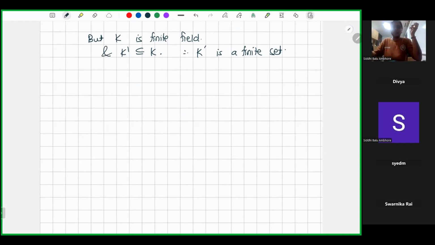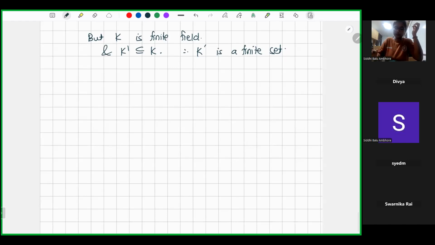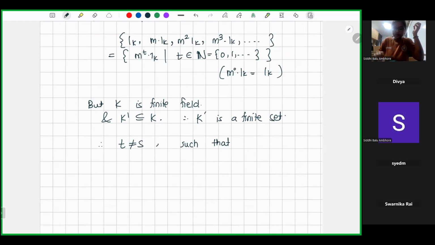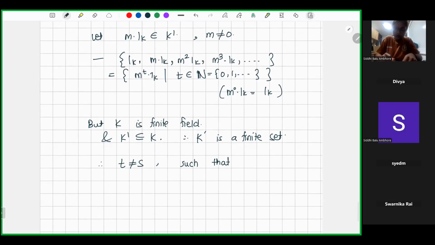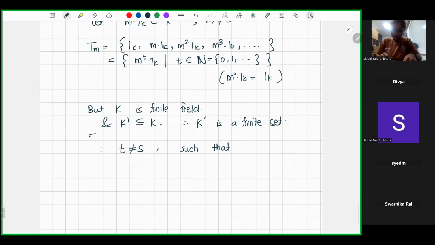K dash is a finite set. Therefore, there exists some t not equal to s such that, if I call this set T, no, not T, maybe Tm. This implies that this Tm contained in K dash is a finite set.